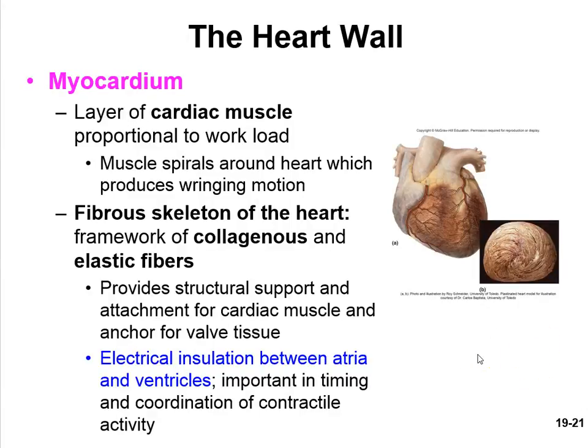There's also a fibrous skeleton of the heart made up of the proteins collagen and elastin fibers. These proteins provide structural support and also electrical insulation between the atria and the ventricles, because we want those pumping at separate times.